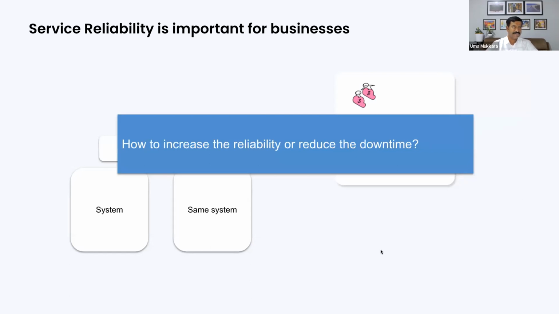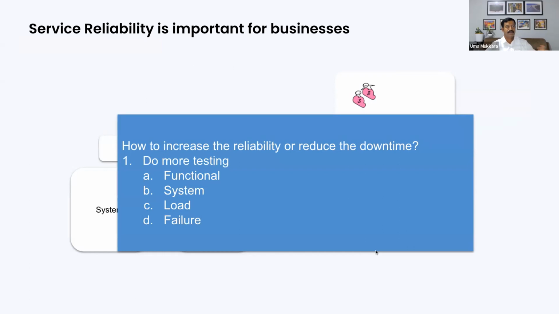If downtime is inevitable, how do you increase the reliability? You cannot avoid downtime. It's only a matter of reducing the downtime or making the recovery time faster. So one thing is you go back and do your systems better.